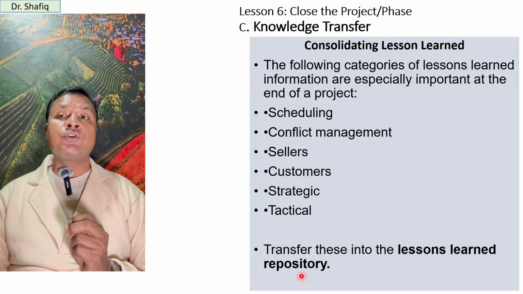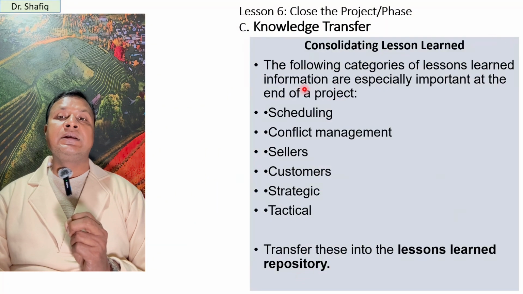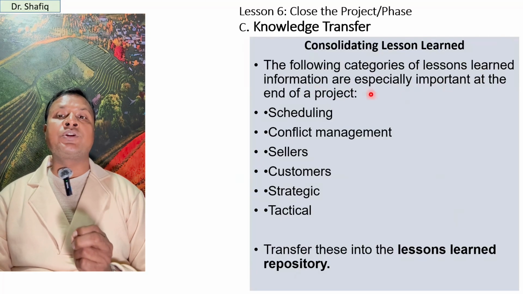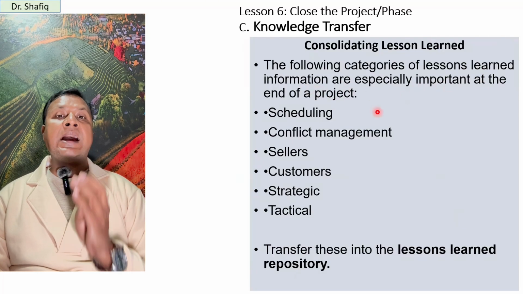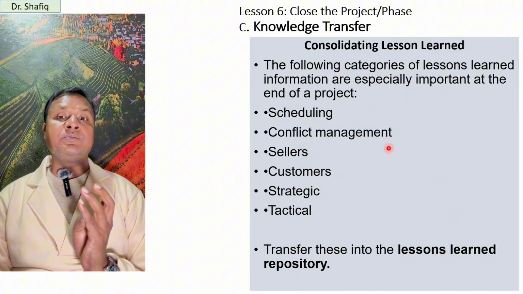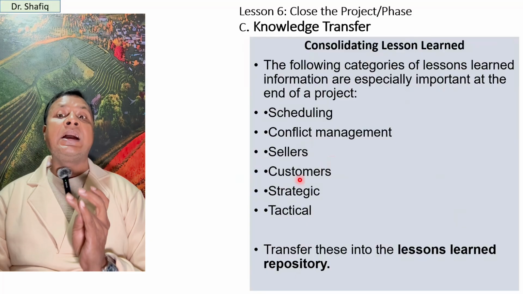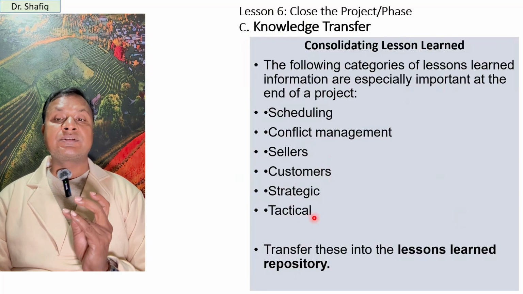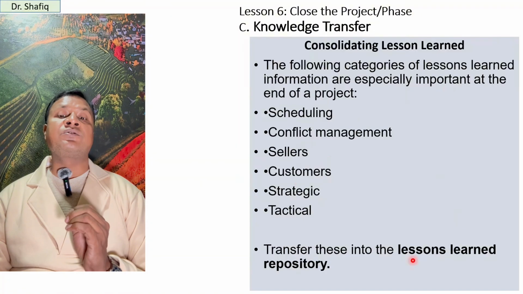So we should consolidate all lessons learned. The following categories of lessons learned information are especially important at the end of the project: how we managed the scheduling, how successful we were in conflict management, how the sellers were, what about the customers, strategic points, and tactical decisions. Transfer these into the lessons learned repository.